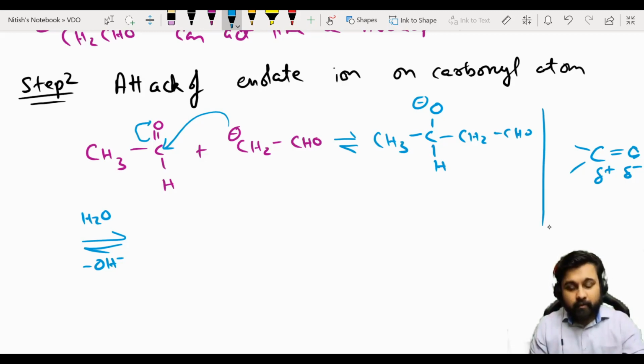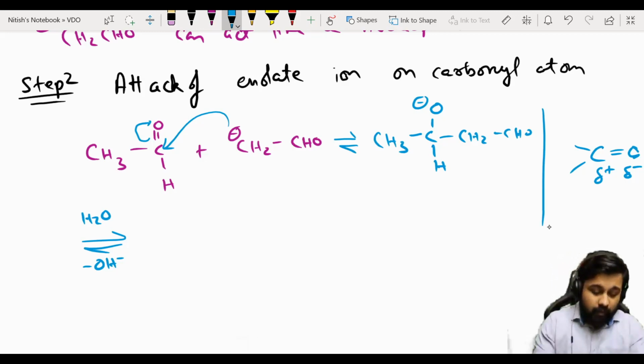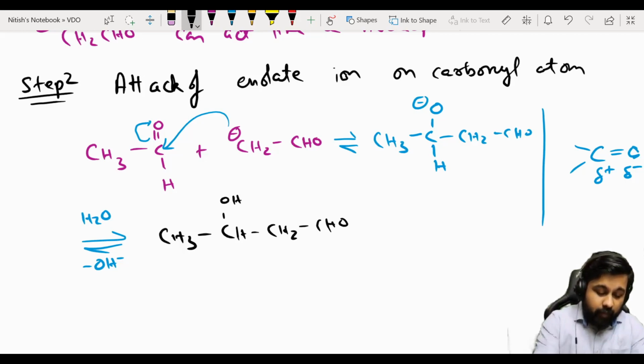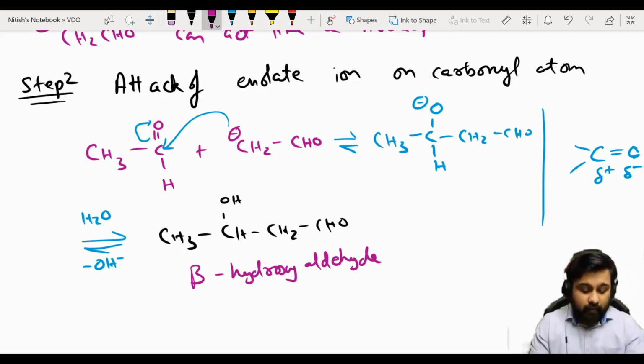This O negative obtains an H, making this. So this is your beta hydroxy aldehyde.